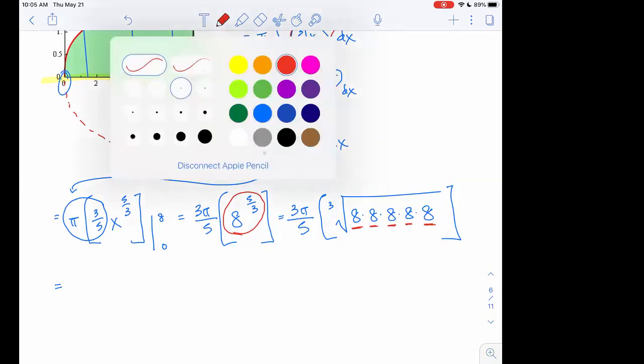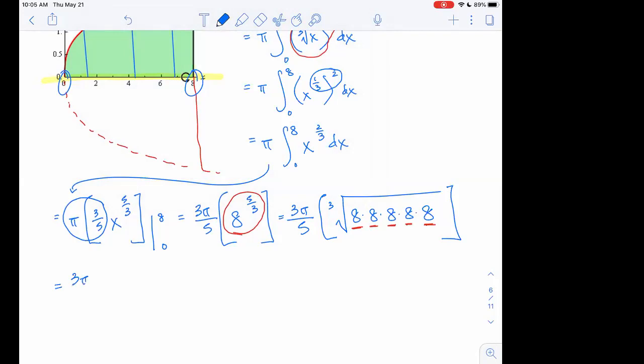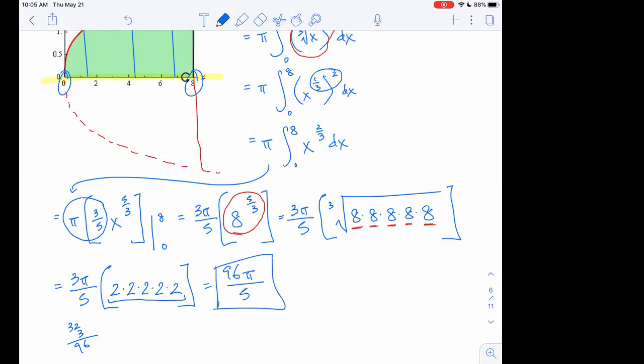So really, everything inside that bracket is 2 times 2 times 2 times 2 times 2. Okay, because we used the cube root on every single one of those 8s. And every single one of those cube roots gave us a 2. So now we've got 32. So 32 times 3 gives us 96 pi over 5. Okay.